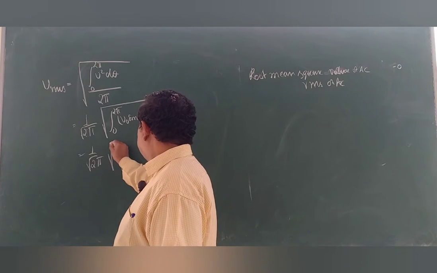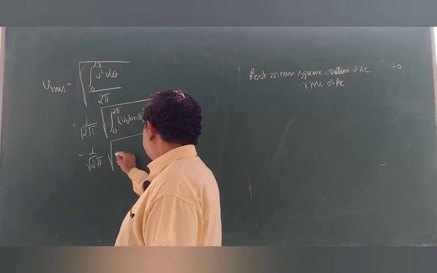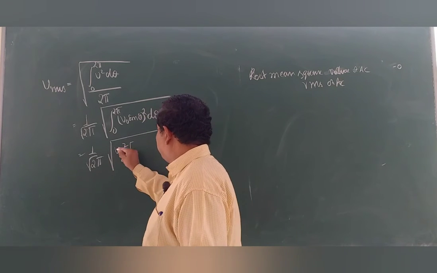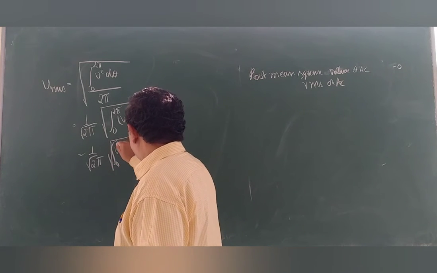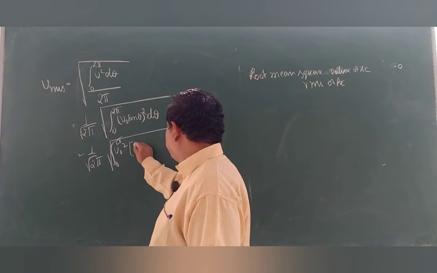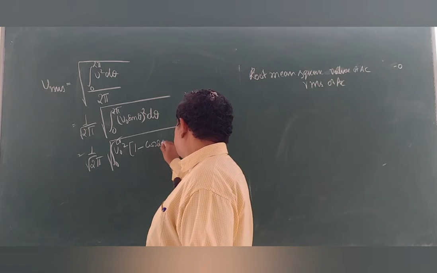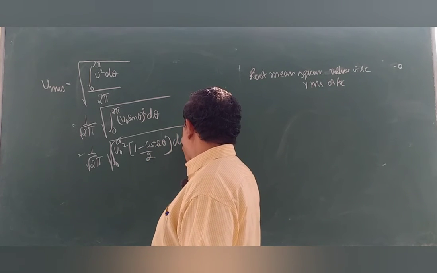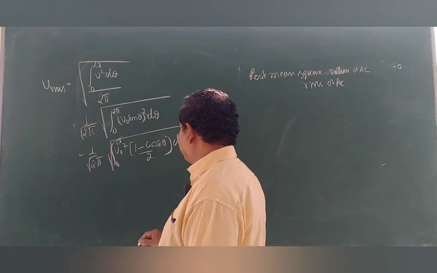observe here, inside the root, V naught square we can take out, but sin square theta from 0 to 2 pi, sin square theta can be integrated as (1 minus cos 2 theta) by 2, with d theta.